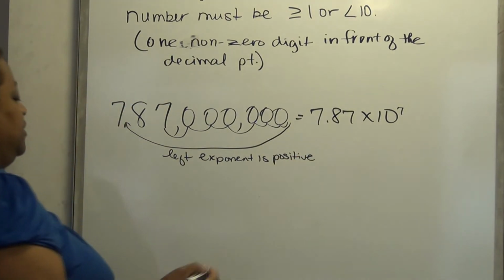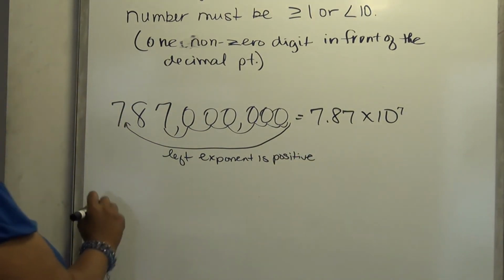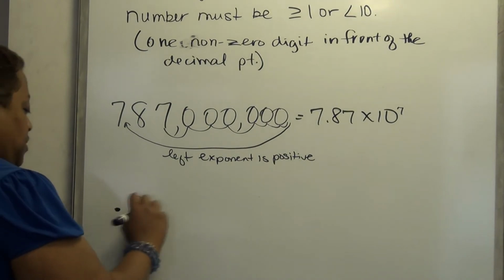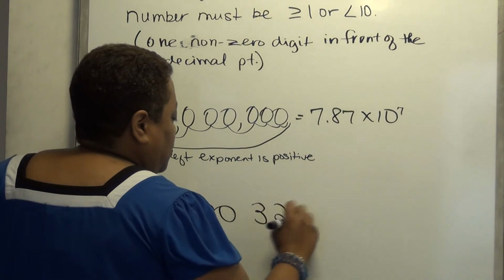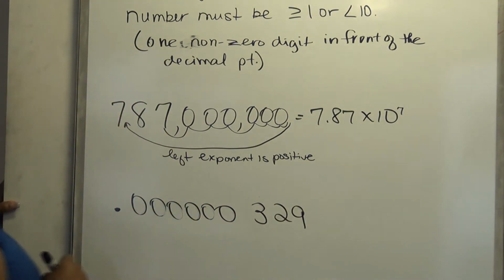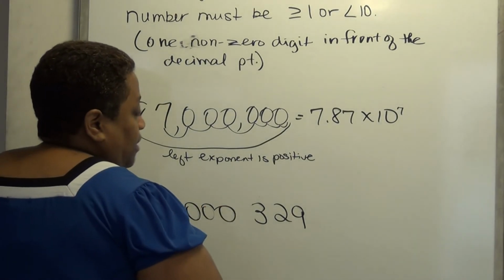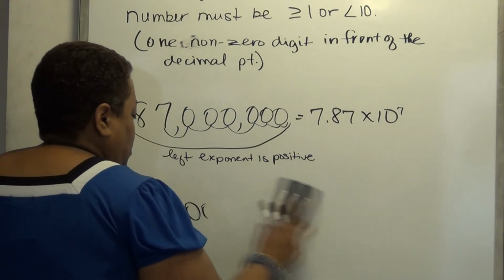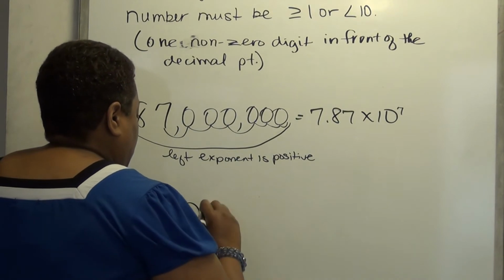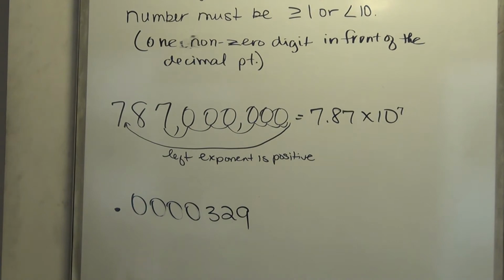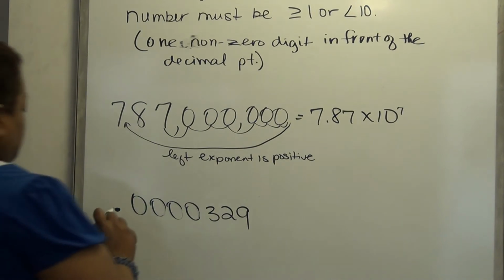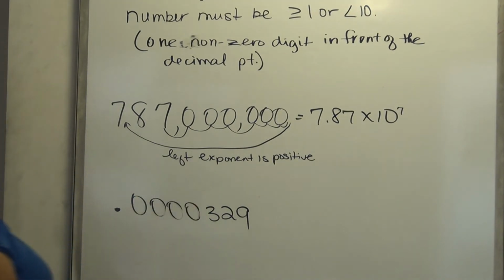All right? So suppose I had a very small number, something like this, probably the size of some germ.